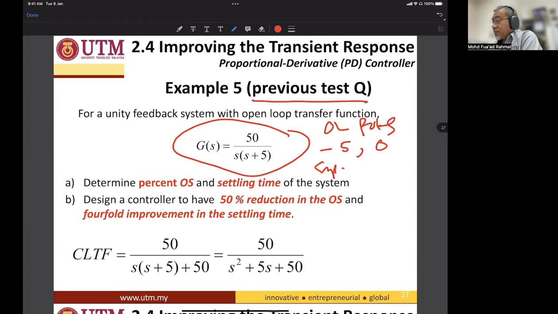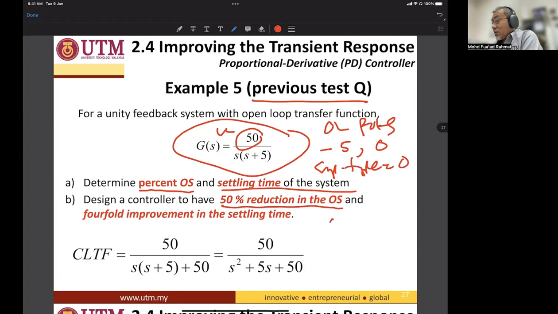System type 1. Open loop zeros do not exist. Gain 50. Determine the overshoot percentage and settling time of the system. Design a controller to have a 50% reduction in the overshoot.